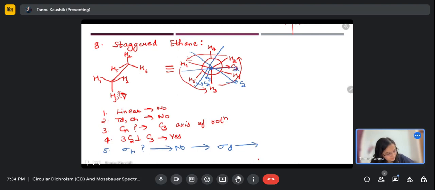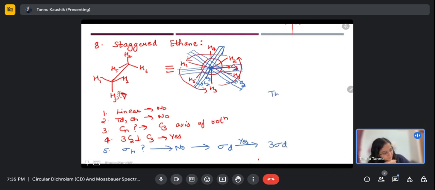which are again containing these C2 axes, such that it is bisecting the molecule at an angle, such that the other two C2 axes are perpendicular to each other. So yes, we have three sigma dihedral planes in the molecule.